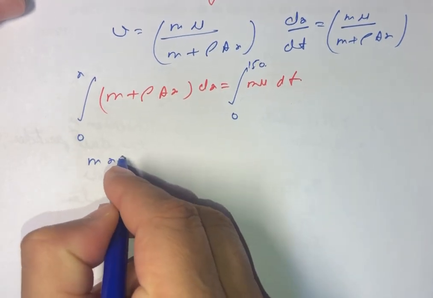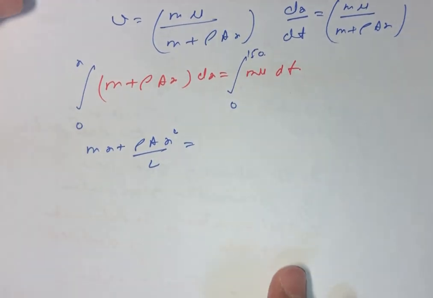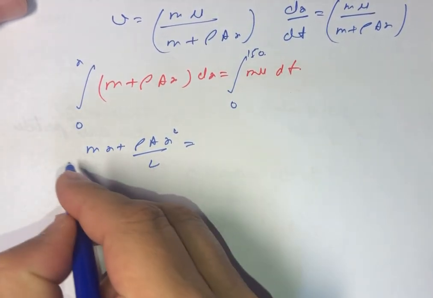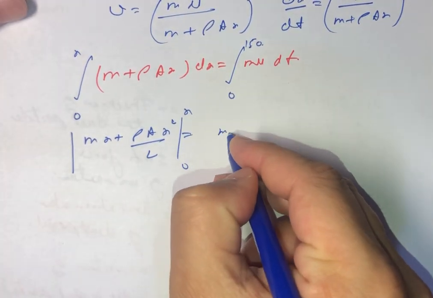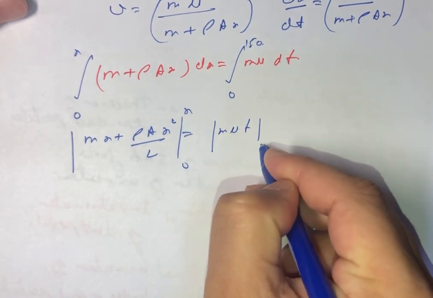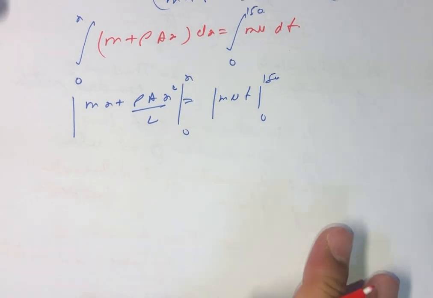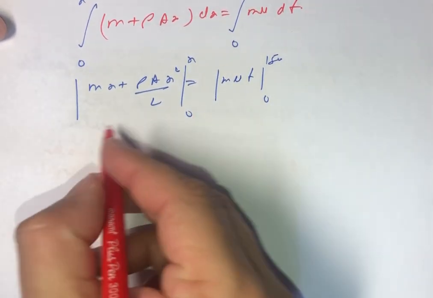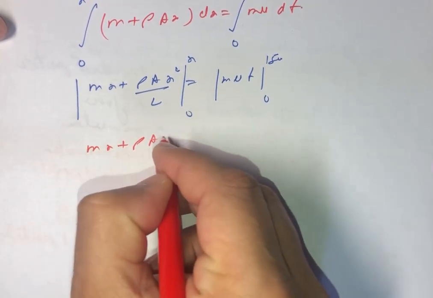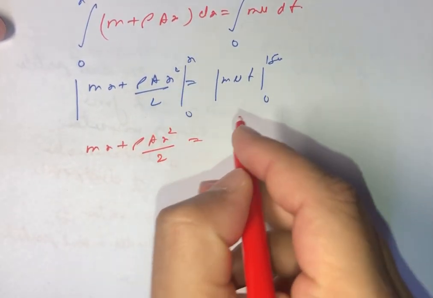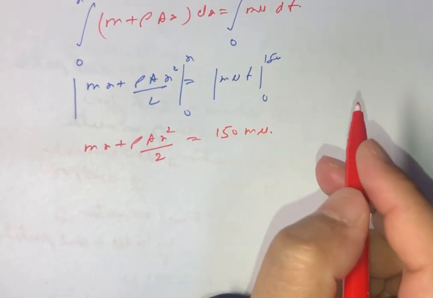Mx plus rho a x square by 2 is equal to 150 mu.